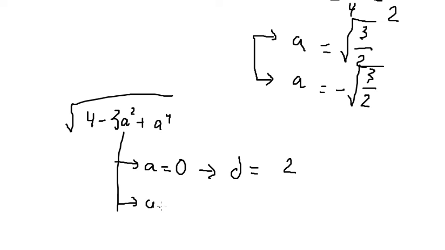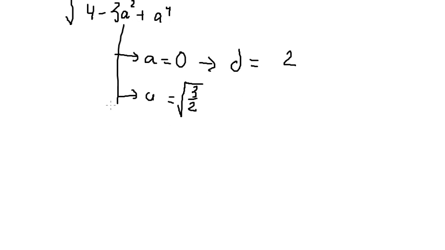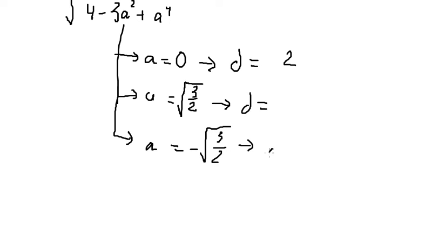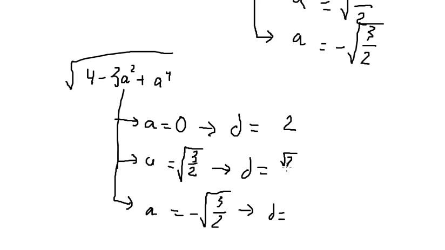When a equals the square root of 3 over 2, or a equals negative the square root of 3 over 2, you get d equals the square root of 7 over 2, and this is approximately 1.3228.